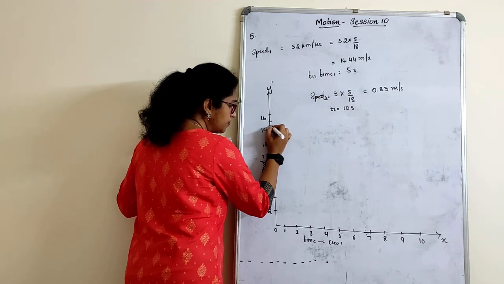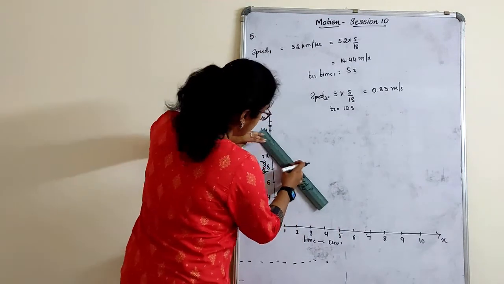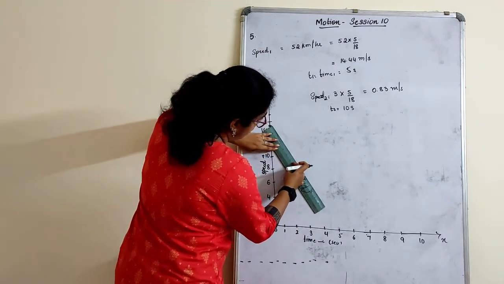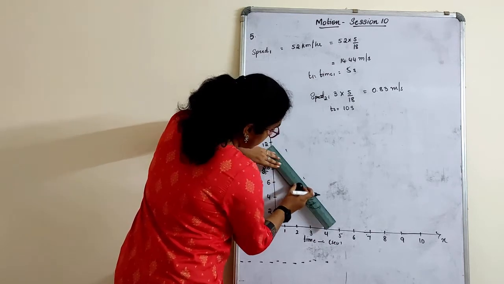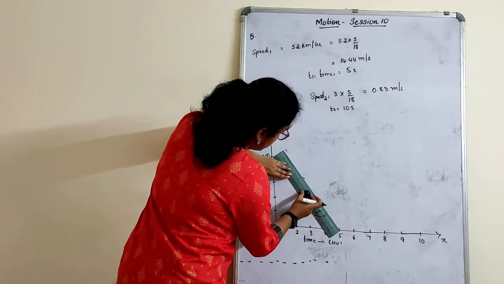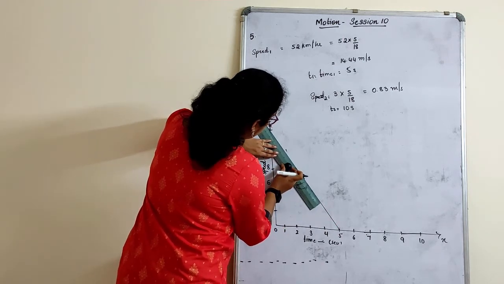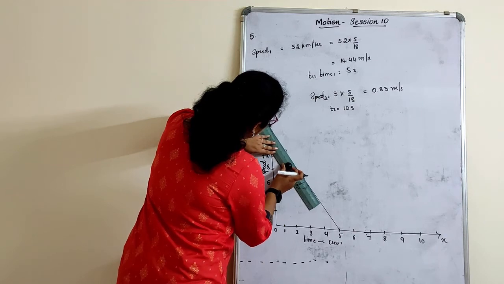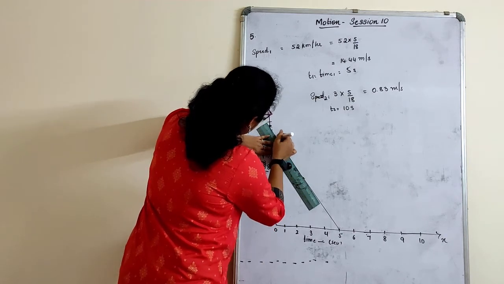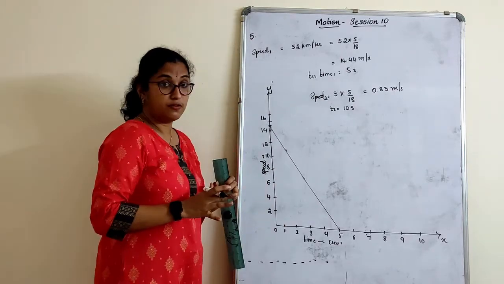And here at 5. This is the point where I have to draw. Be a bit careful in drawing, because accuracy will sometimes be less. So we got the point; let us draw a straight line with respect to this. We have drawn the first part.